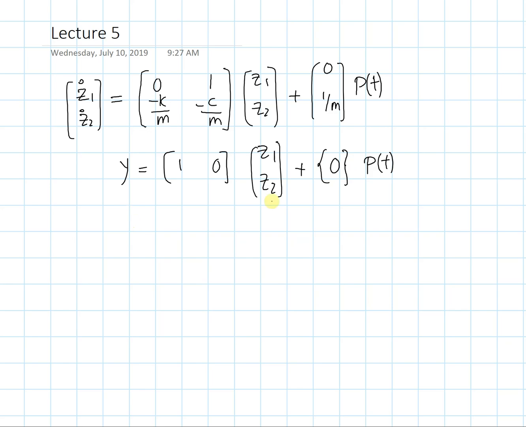Okay, so what are these matrices? This first matrix up here we call the state matrix, and it's usually referred to by the letter A. So we've got the A matrix, which is the state matrix. I also have a B matrix, which is my input matrix. And this we call the C matrix or output matrix.